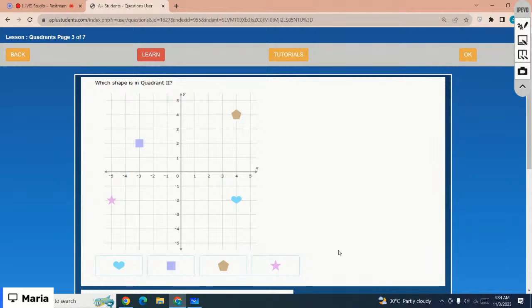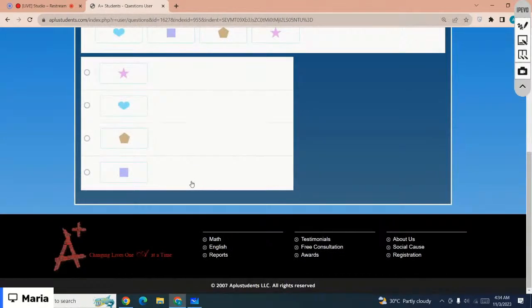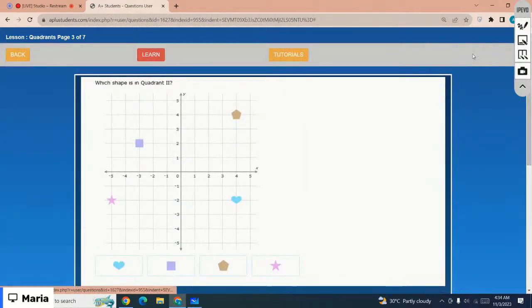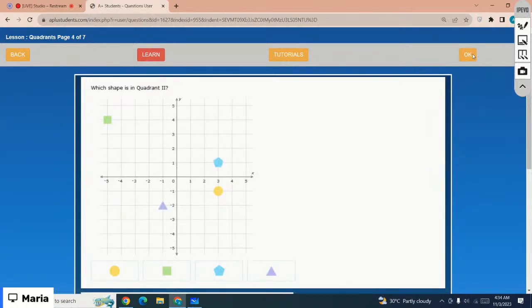Yes, that is square. Very good. Which shape is in quadrant 2? Which is the correct option?